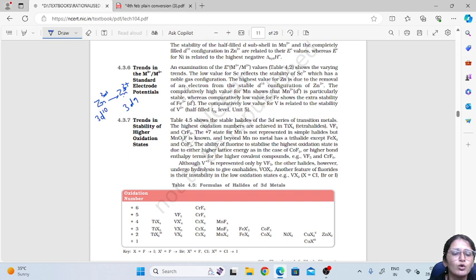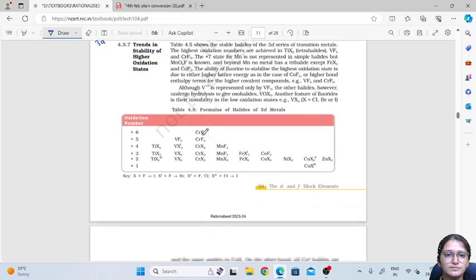So when we go from zinc 2+ to 3+, it is a very difficult process, or very high energy is required for this process. That's why we will not be able to see zinc in the 3+ state anymore. Okay, so zinc we can see only in the zinc 2+ state. That's the reason, because very high energy is required to remove that electron.